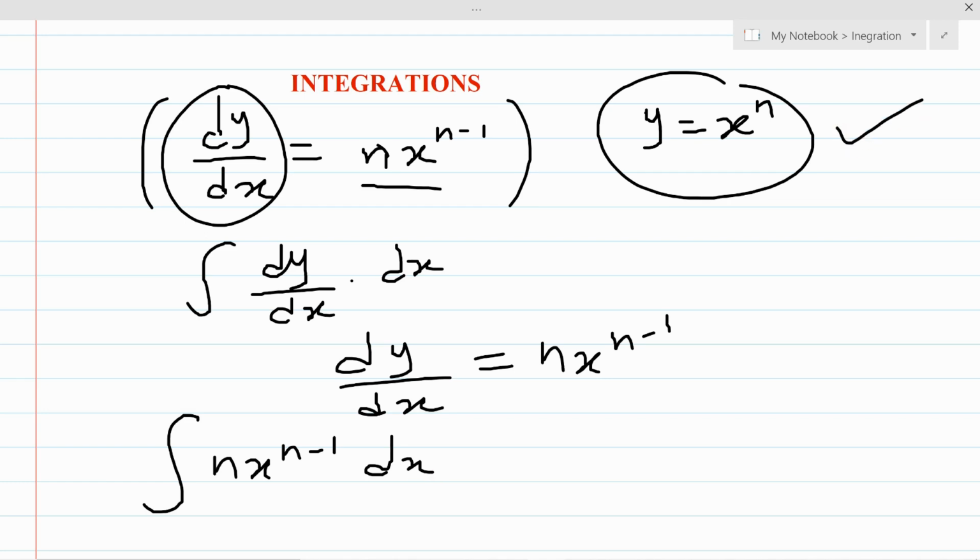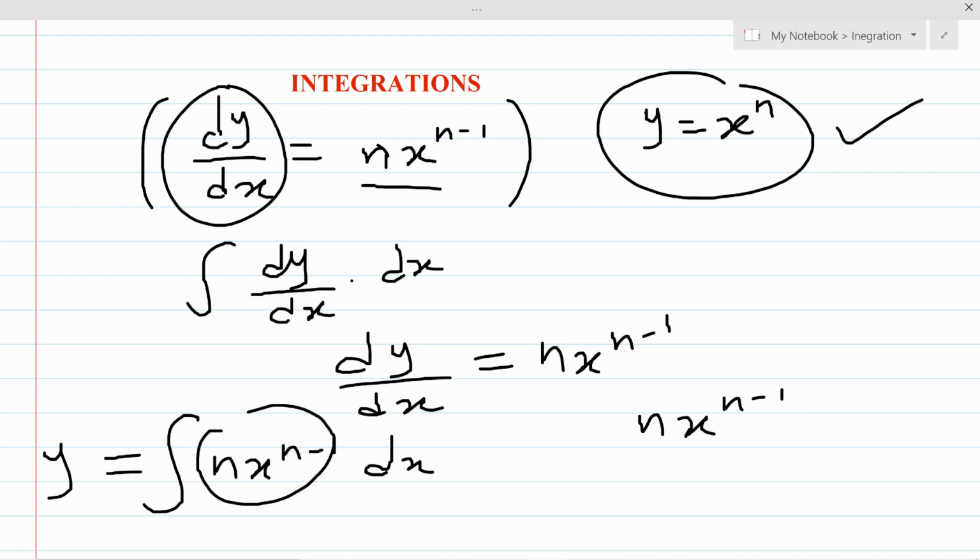So let's try to manipulate the function inside the integral sign, this n x to the power n minus 1, to get y equals x to the power n. We want to find our parent function back.